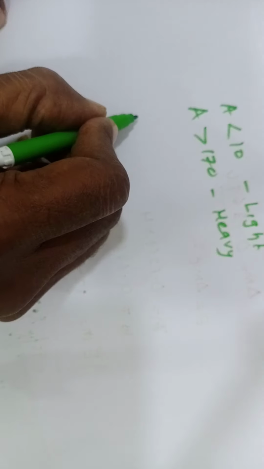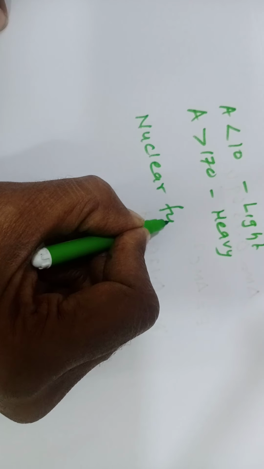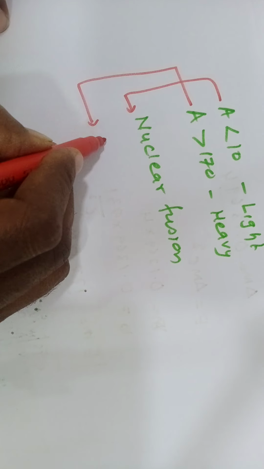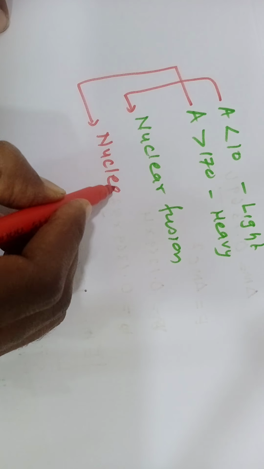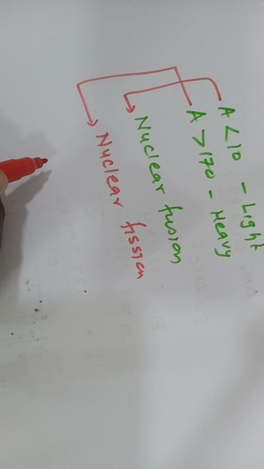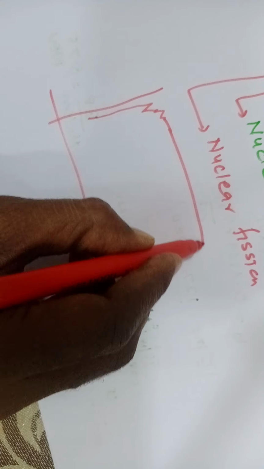Light nuclei fuse into each other and do nuclear fusion, and heavier nuclei may break, which is another nuclear reaction called nuclear fission.